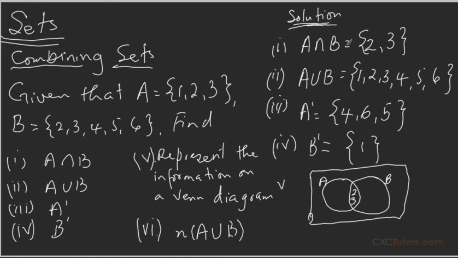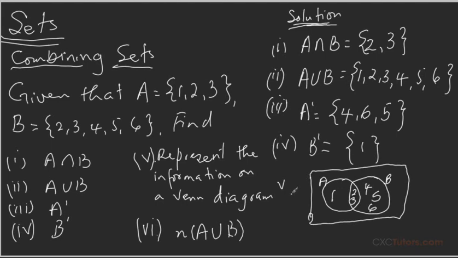And look at set A. After I take out my 2 and 3, in set A only I have the number 1, and in set B I will have 4, 5 and 6. So this is how we represent it on the Venn diagram.